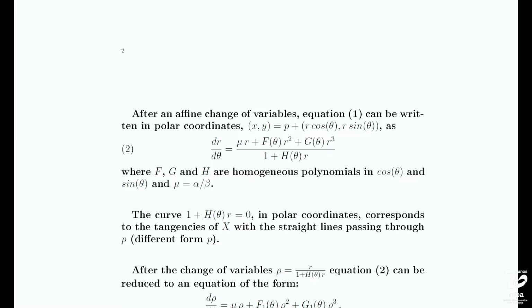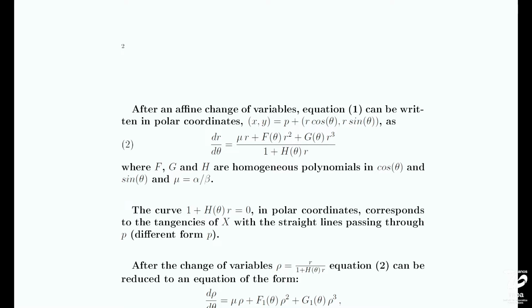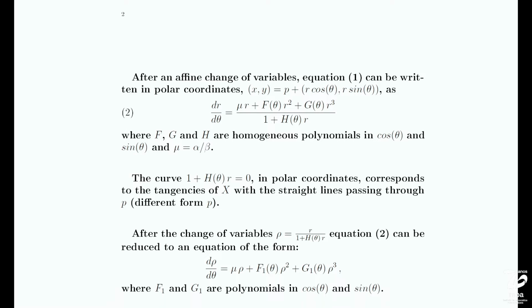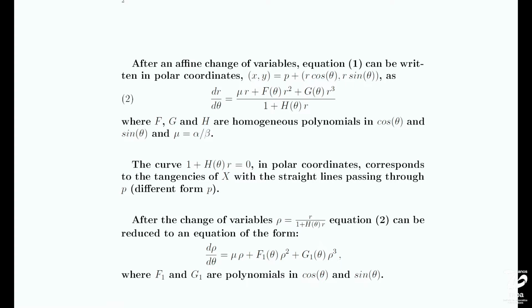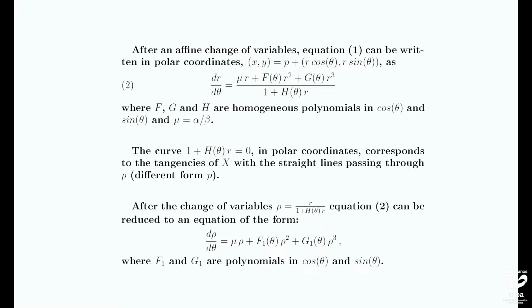These lines are tangent to the vector field at the singularity and at one more point. And so 1 plus h of theta r equals 0 is the polar equation of the other point, when theta varies. So you can reduce the equation to this form.